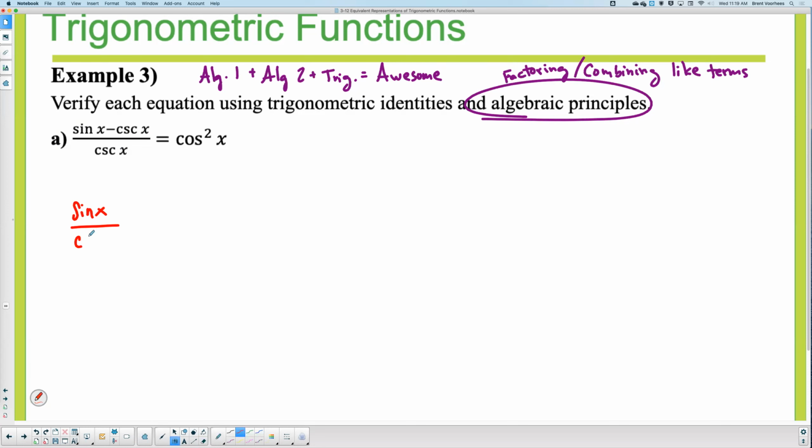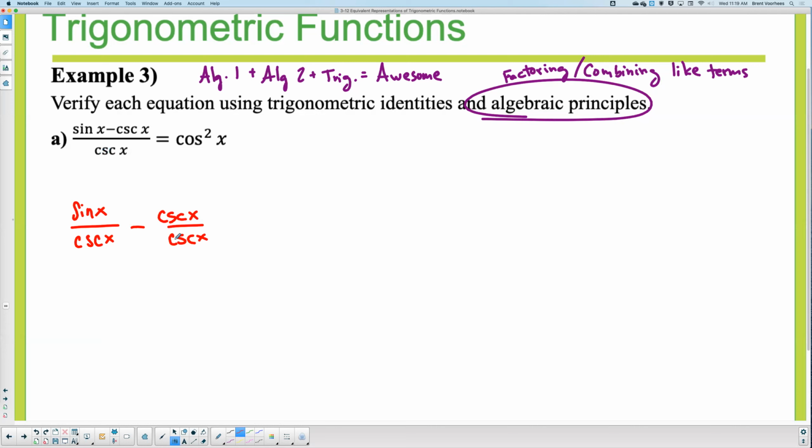Let's pick back up. What I was doing before we said let's cancel those is I was saying we can look at this as a common denominator. I'm separating it out into multiple fractions. So I have sine divided by cosecant, minus cosecant divided by cosecant.